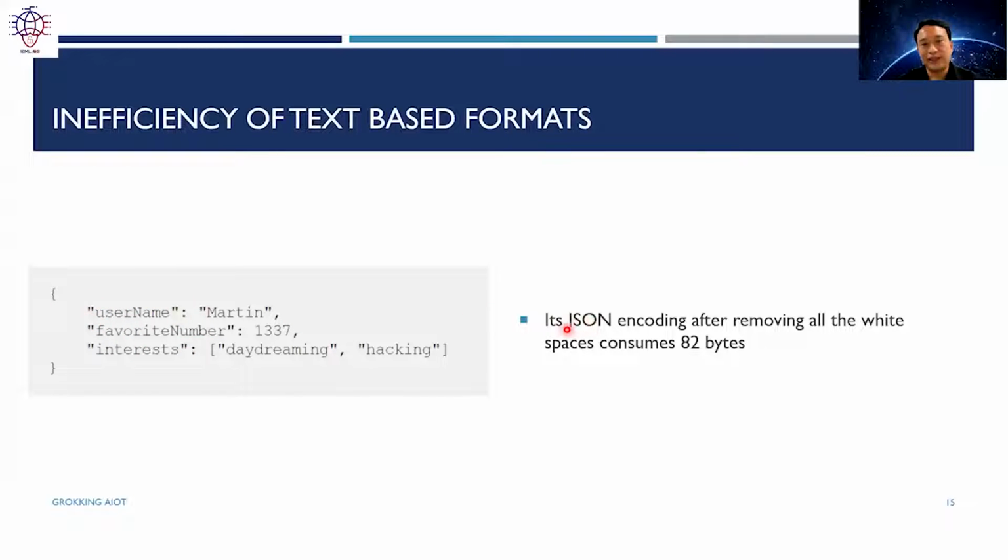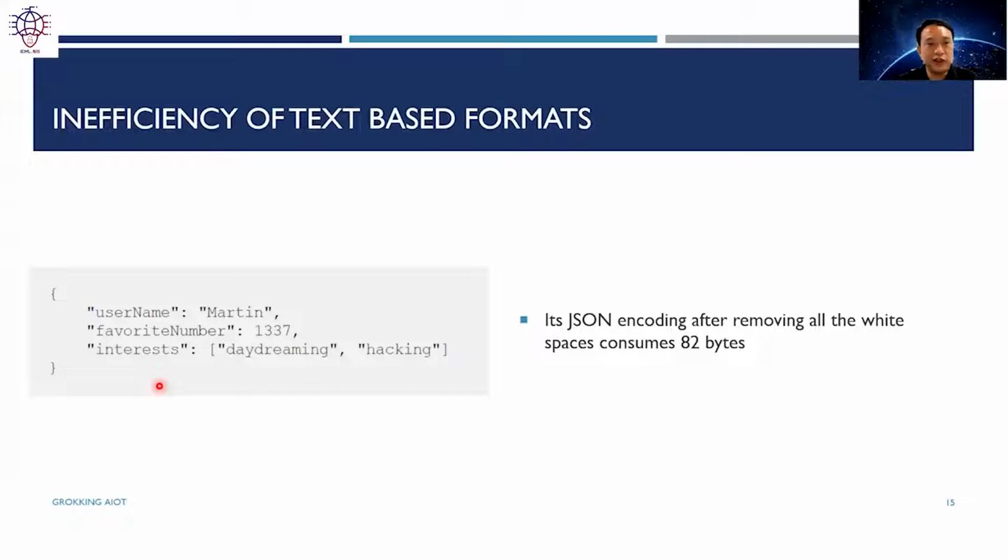In fact, if you remove all the white spaces, this thing will only consume 82 bytes. It means you take off the carriage return line feed at the end here, maybe the tab character in front of each of these, and also the carriage return line feed at the end of each of these lines as well. So there are a lot of hidden white space characters all over these text-based formats.